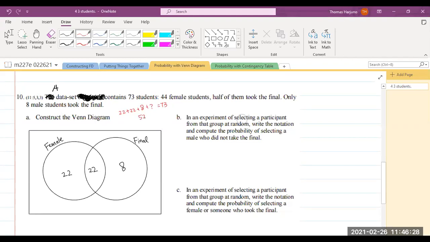So there are 52 students who are either female or took final. Right? So that would be 21 students who are male and not taking final. The total has to be 73.